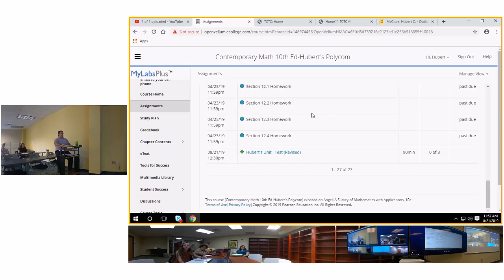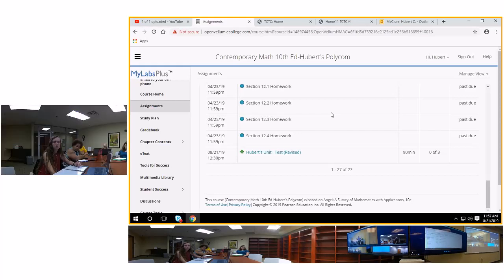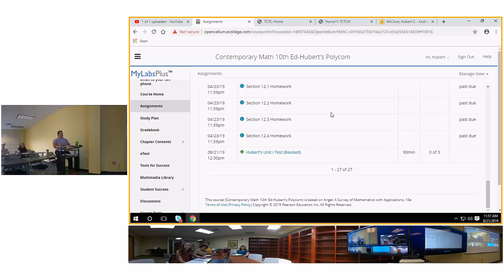Why will I cut the homework off after the test starts? So you can study. Come on. I don't speak mumble and whisper. So you can focus on studying.